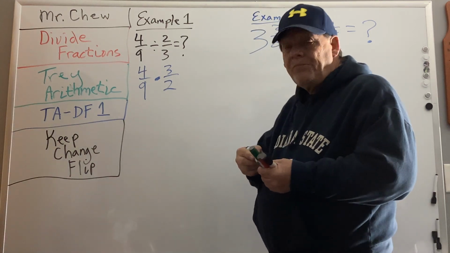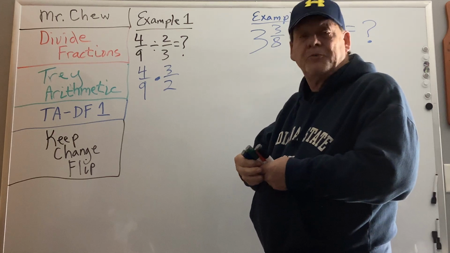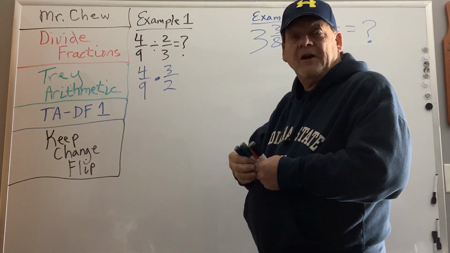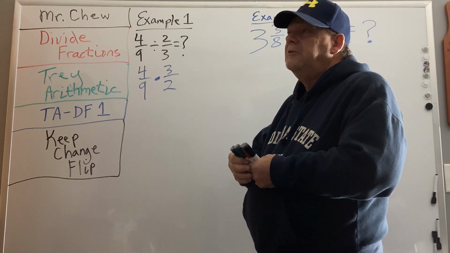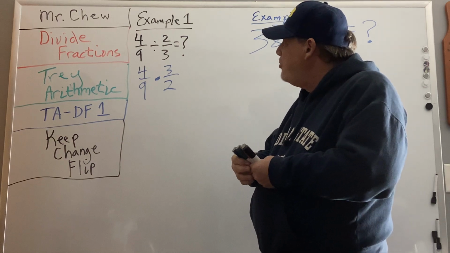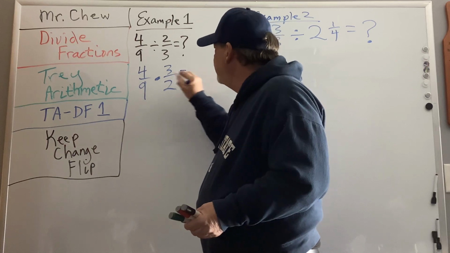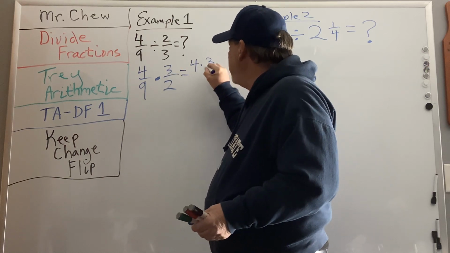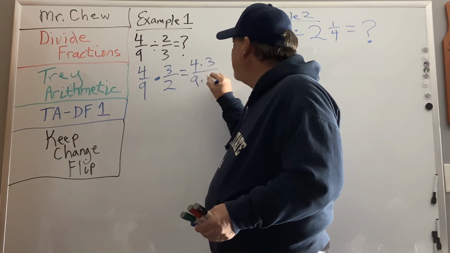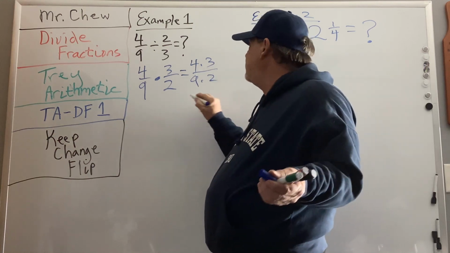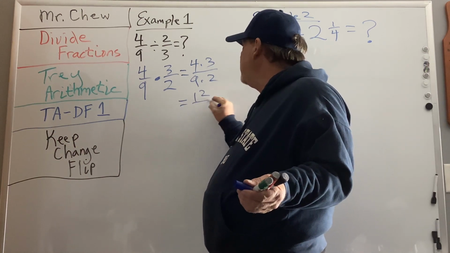All right. Now, I went over this in my multiplication video that I did earlier, and you can either multiply across. So this means 4 times 3 over 9 times 2. The problem with that is it's going to have to be reduced.